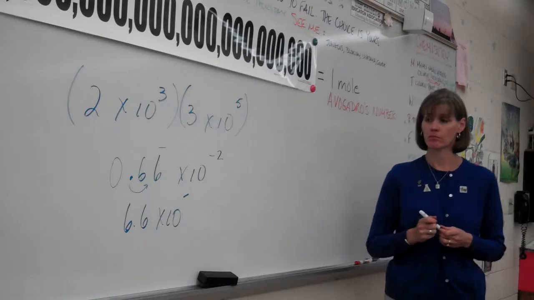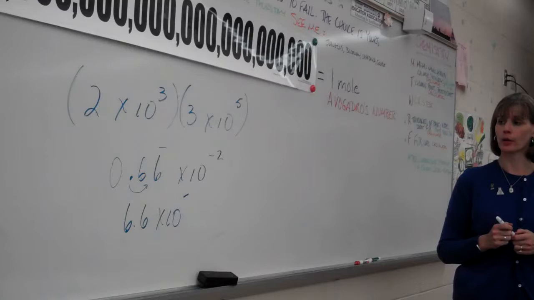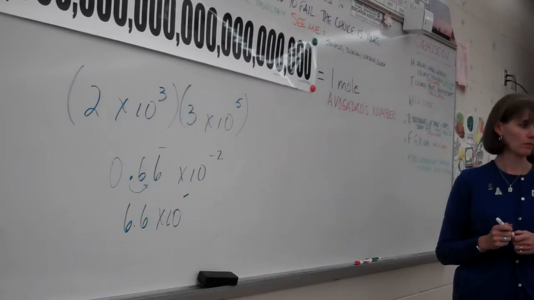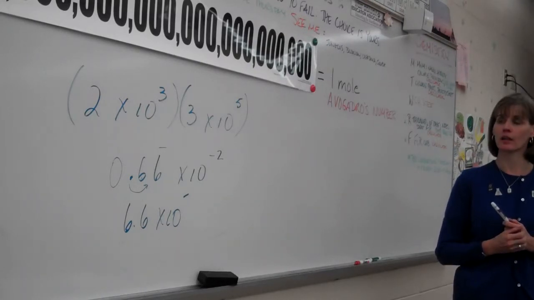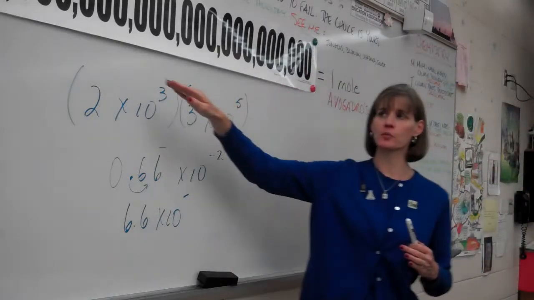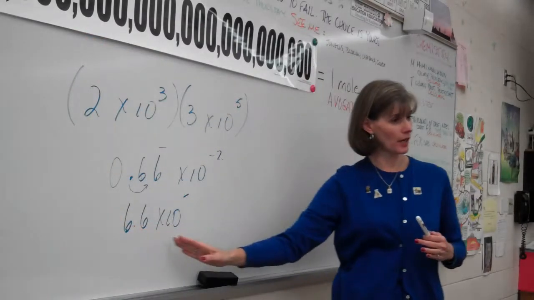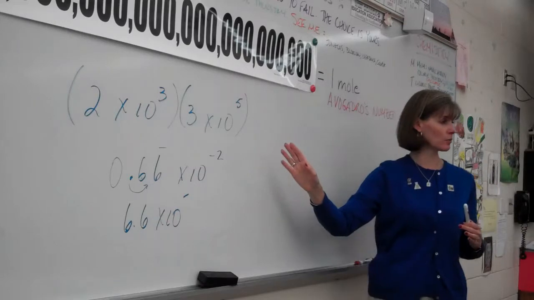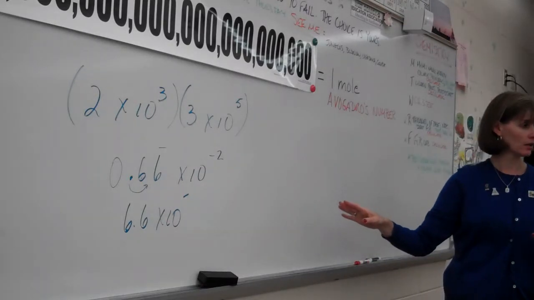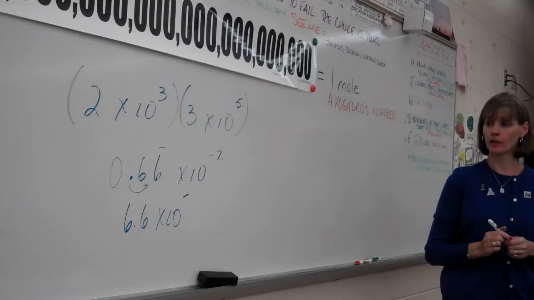It's getting bigger, so we have to make the exponent smaller. With negatives, bigger is smaller. So what would that be? If we have a big number and we're moving the decimal this way, the exponent is positive. Here we're moving the decimal the other way, so the exponent is more negative. What should that be? Negative 3, right?